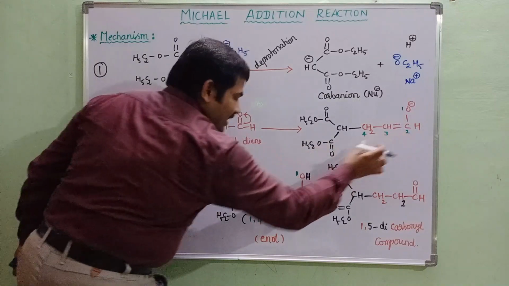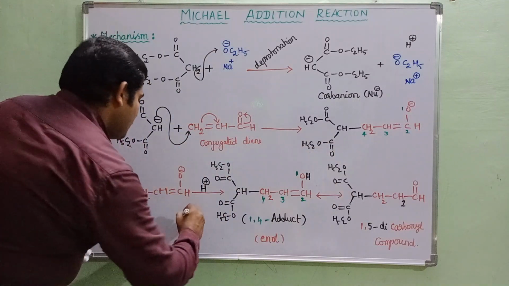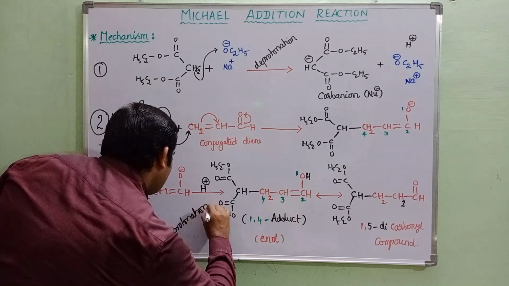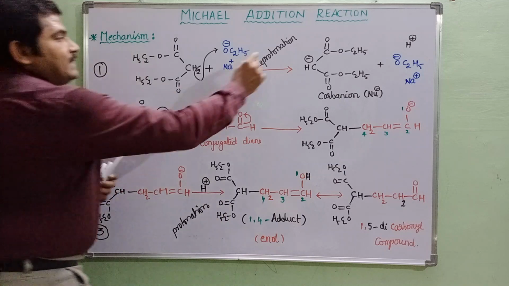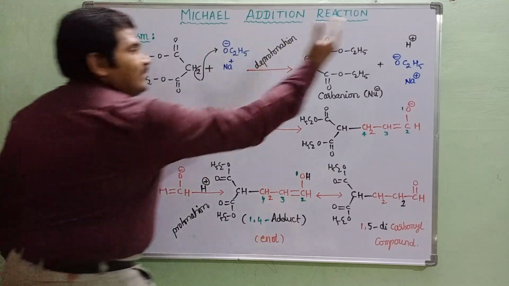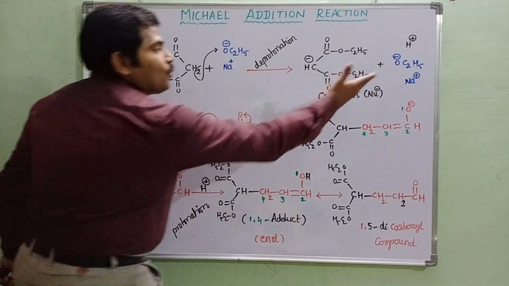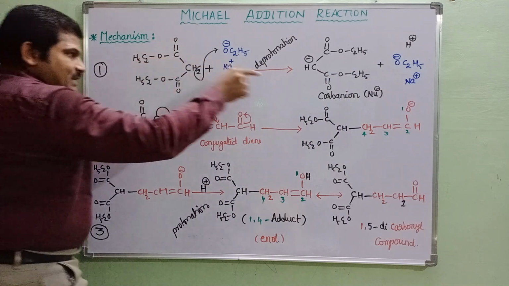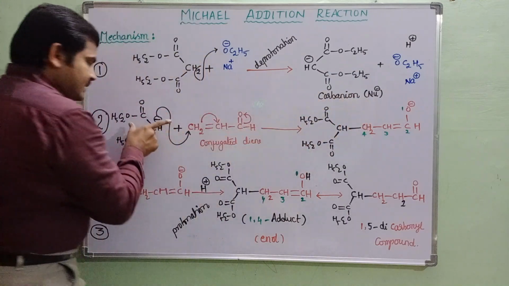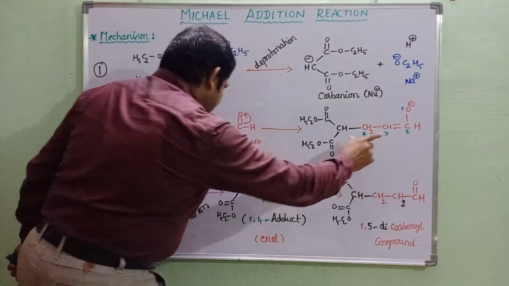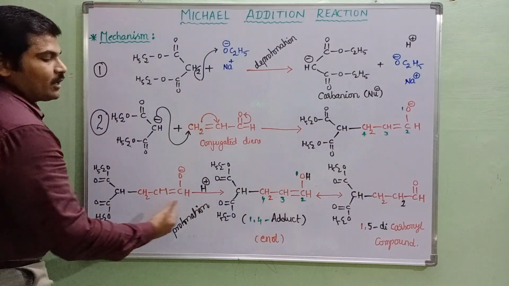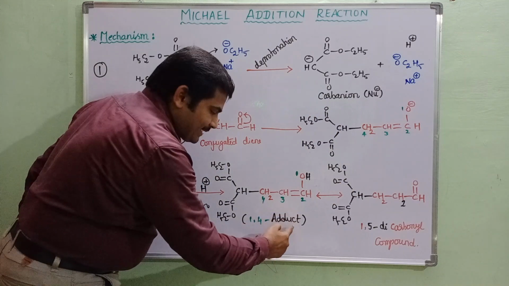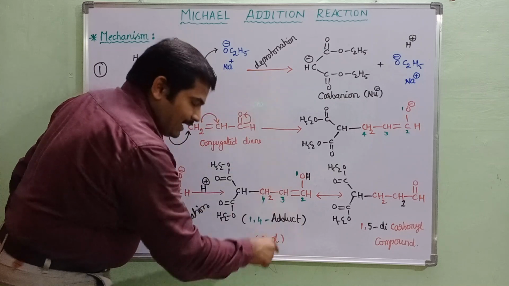Protonation of alkene oxide. What is this process called? It's a protonation. It is a protonation. This is a deprotonation. So whenever this proton is involved in this particular case, what still remains there? Our catalyst itself. Okay. So this is step 1, formation of carbanion. Step 2, formation of alkene oxide. Step 3, protonation of alkene oxide to yield the 1,4 addition product, also called the 1,4-adduct. This is the enol form of our product.